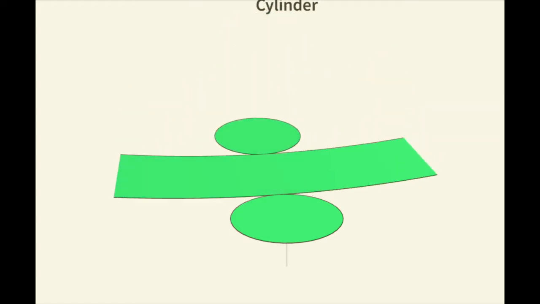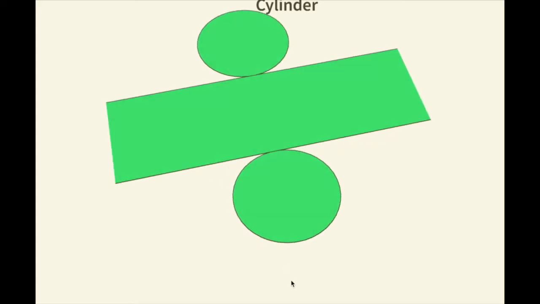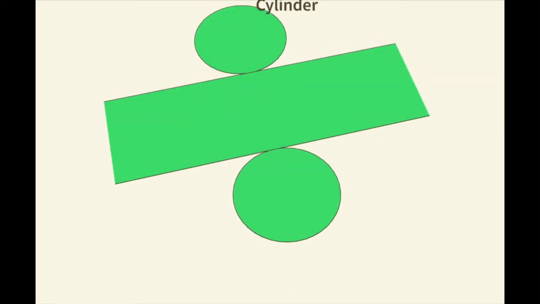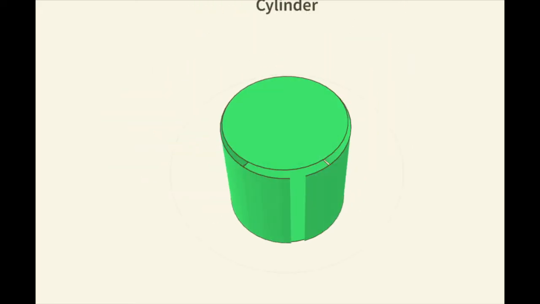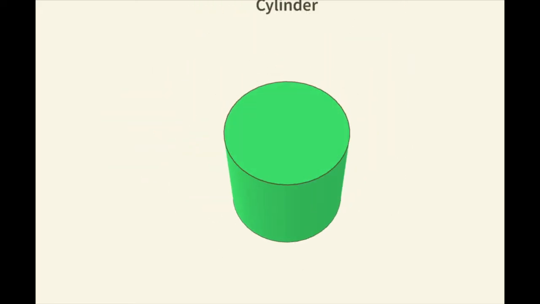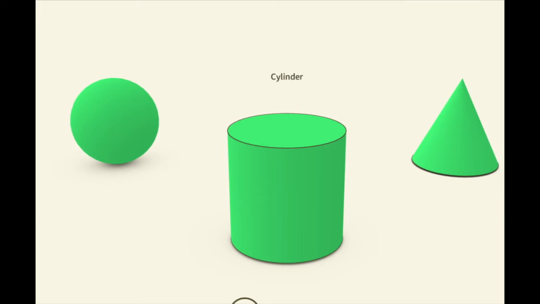Here we go. As you can see, we're going to have two circles and one rectangle. Actually, the shape which covers the surrounding part, all around the shape, is a rectangle. And two circles form the top and the bottom of the cylinder. Now, once we close it, we're going to have our previous 3D form of the cylinder.